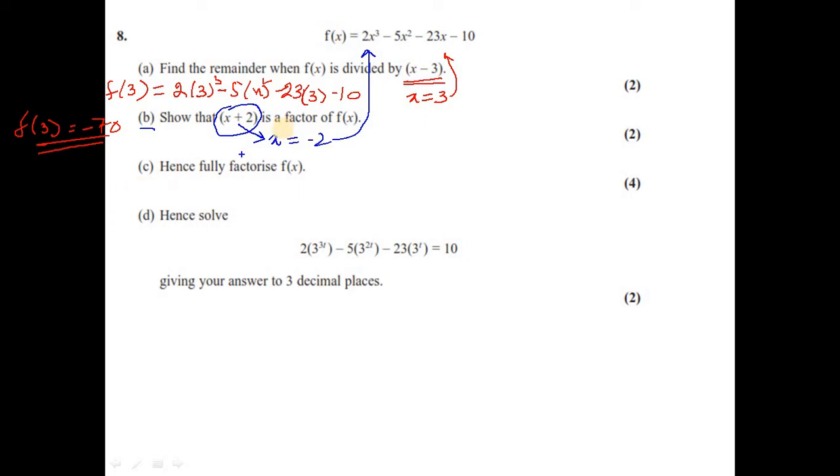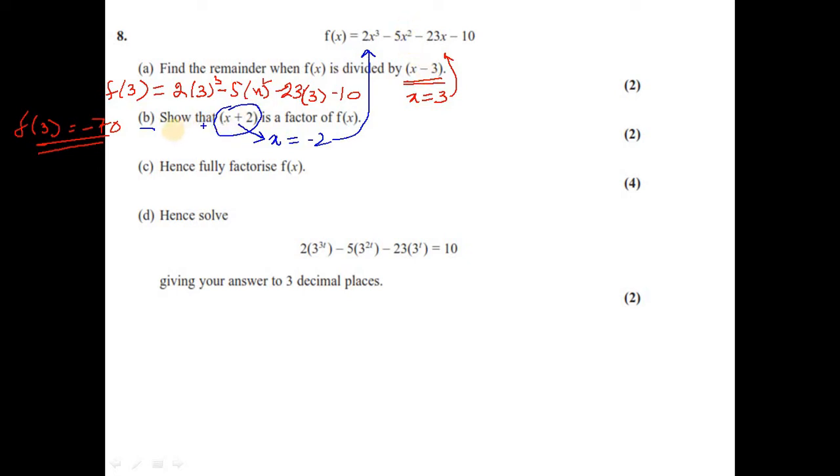We did the same thing in part A. We were given x minus 3 and we substituted x equal to 3 and we got minus 70. That means f of 3 is not 0. So we can say that x minus 3 is not a factor of the polynomial.